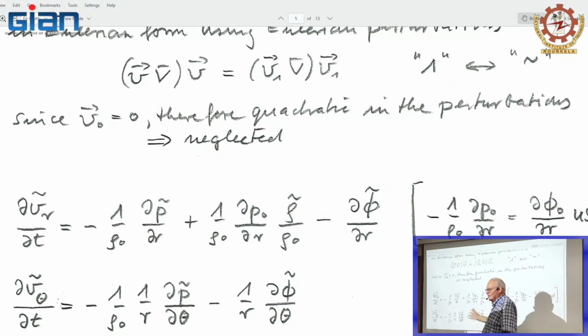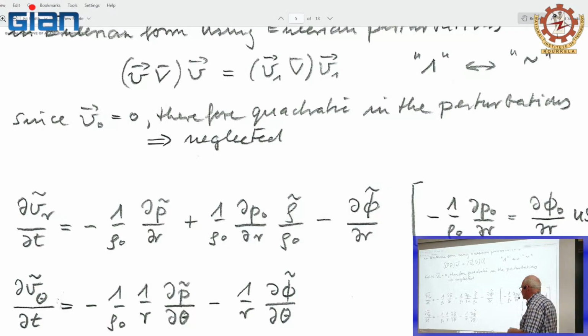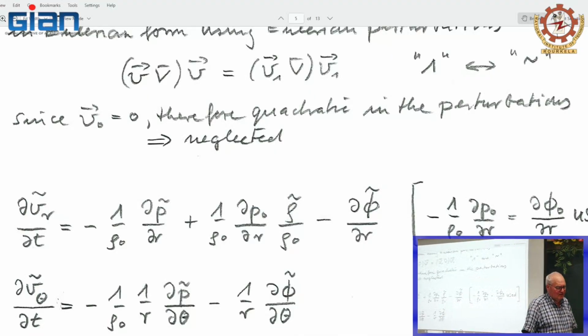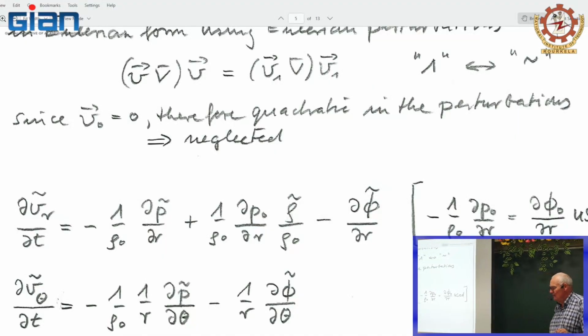Because the spherical harmonics are orthogonal and linearly independent, this equation has to be valid for each component, for each coefficient of a spherical harmonic. Nothing happens because there is no derivative with respect to the angles there.